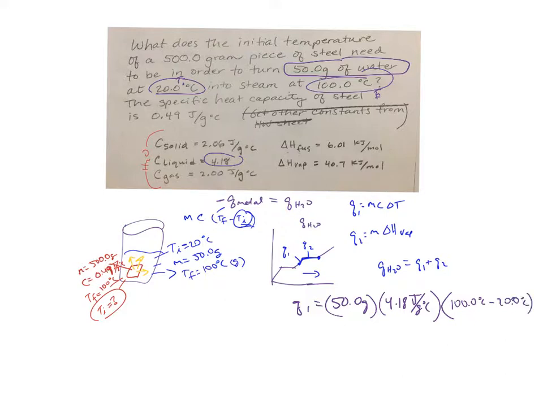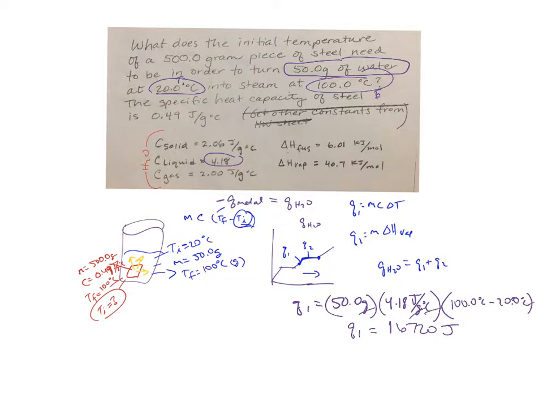So we will take our 80 degrees times our 4.18 times our 50. Okay, so Q1 is going to equal 16,720 joules. Grams canceled and degrees C canceled.